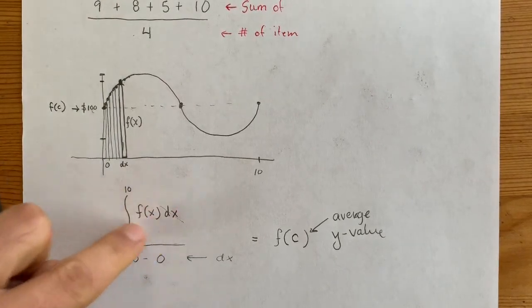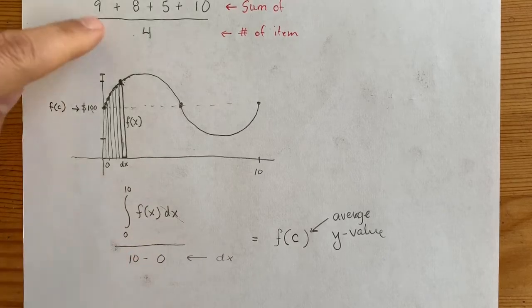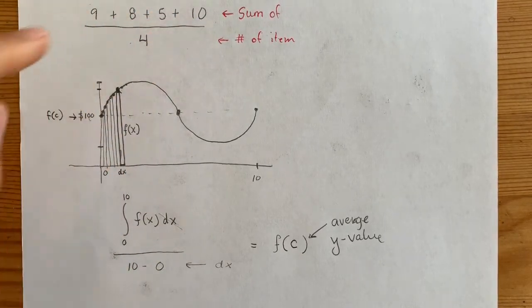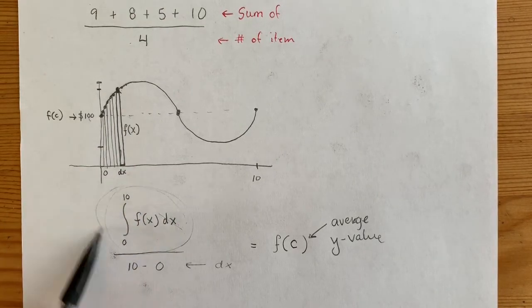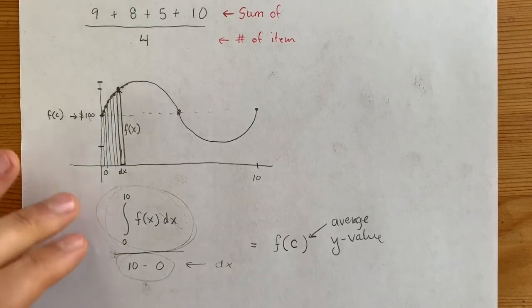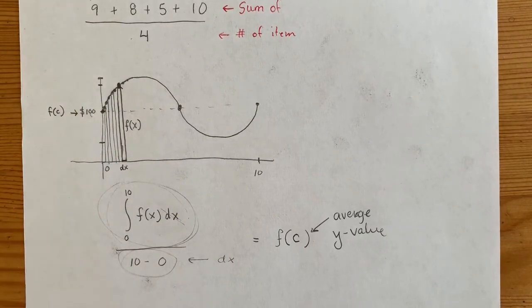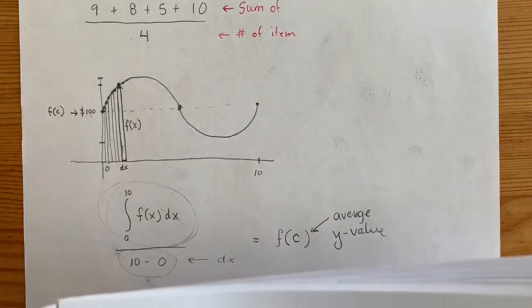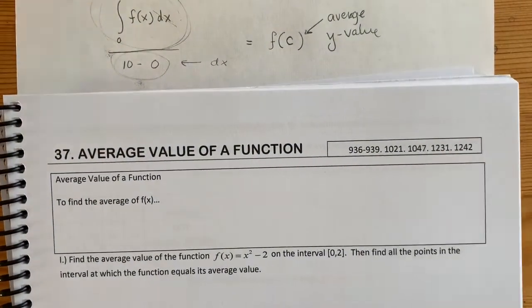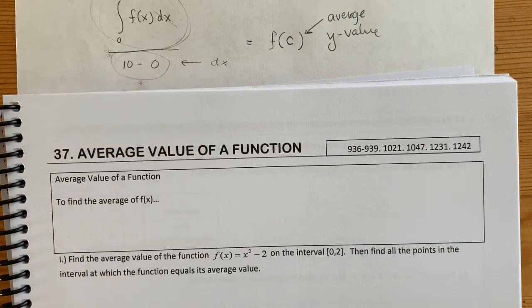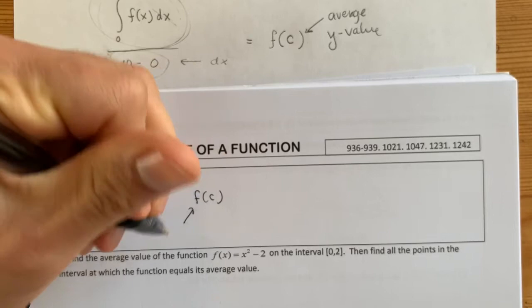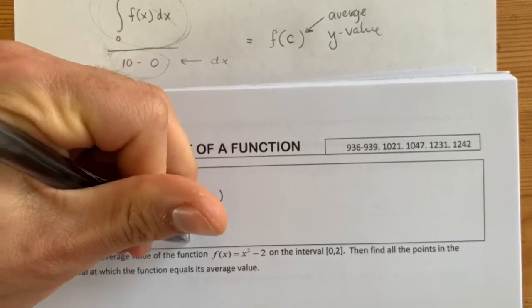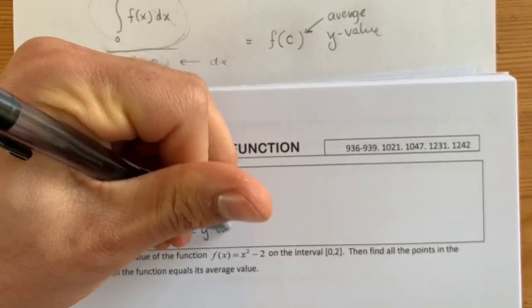So you can see the structure of this is the same kind of structure as the original old school formula of finding an average. It's summing them all up, but then dividing by the amount of values we have. So let's write this as an official formula in our notes here. The formula to find the average value of f of x, we'll call the average value, is the average y value.